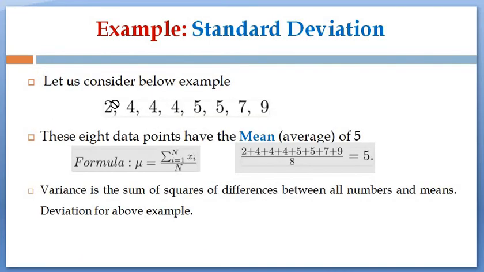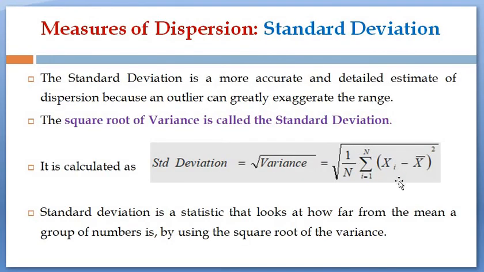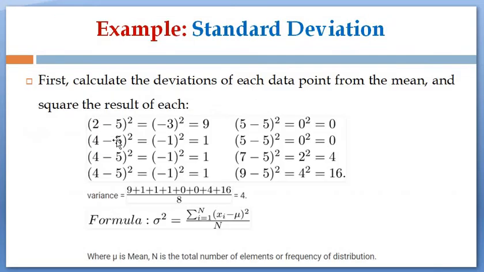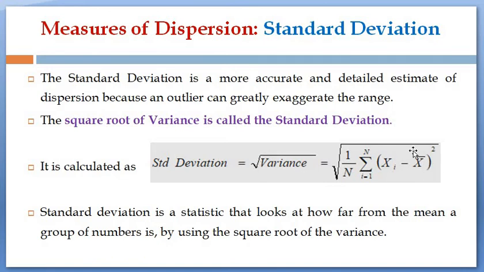So I am calculating only this part: x minus mean value, and its square. If I calculate all the values, I get 9, 1, 1, 1, 0, 0, 4 and 16. These are my values, and again only this part I have calculated.